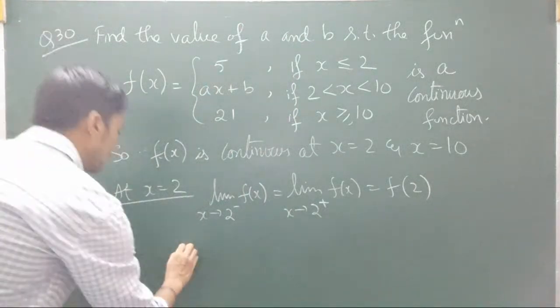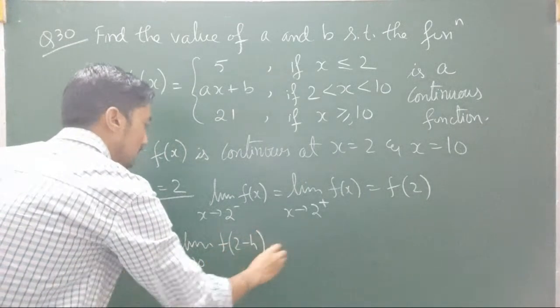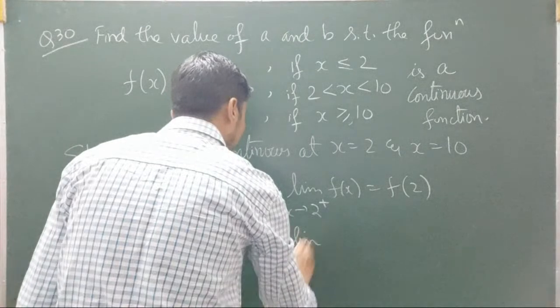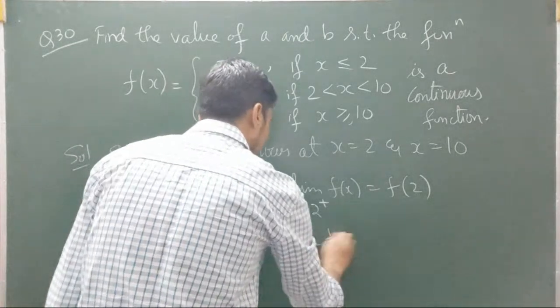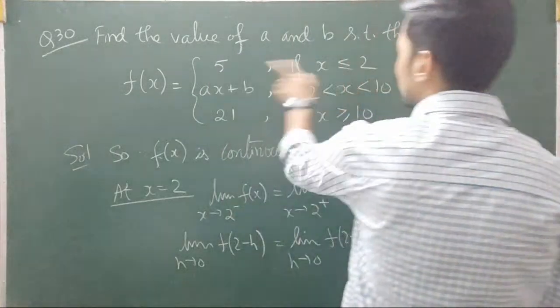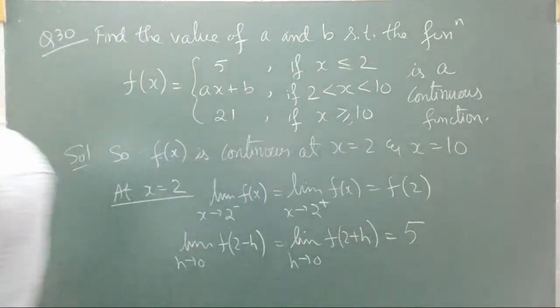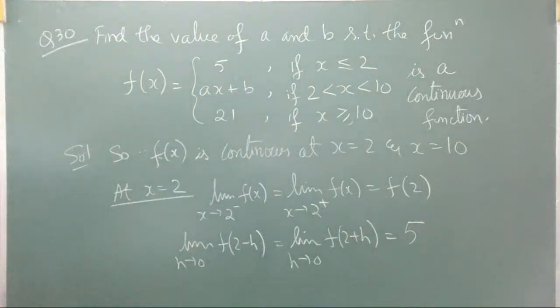So that will be the limit as h tends to 0 of f of 2 minus h, then the limit as h tends to 0 of f of 2 plus h, and f of 2. The value of the function at x equal to 2 is given to us, it is 5.